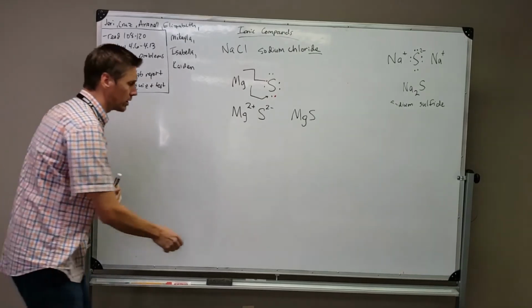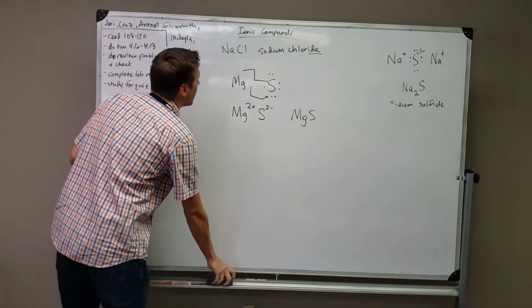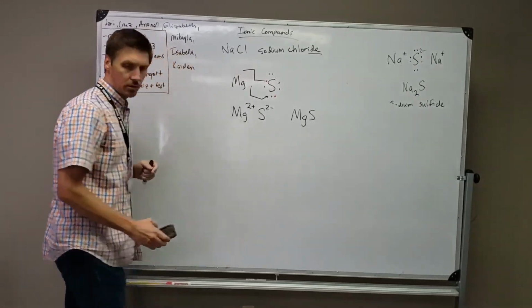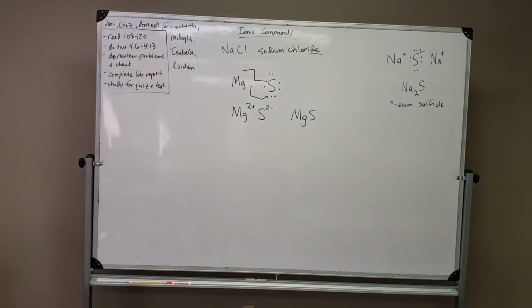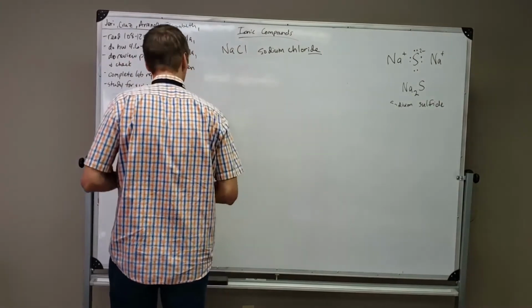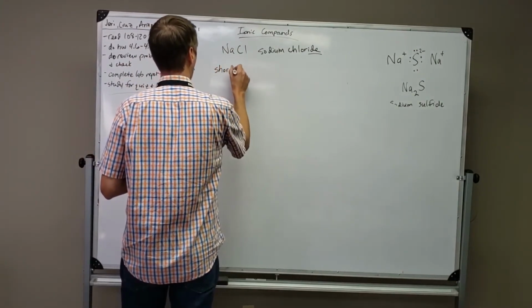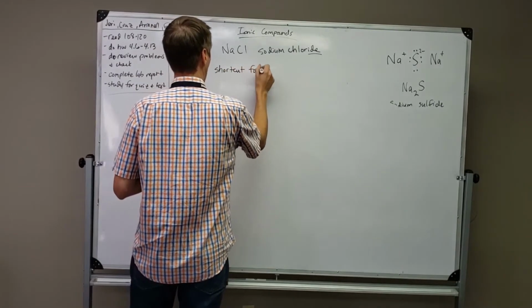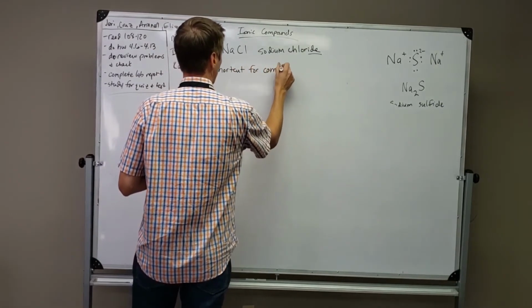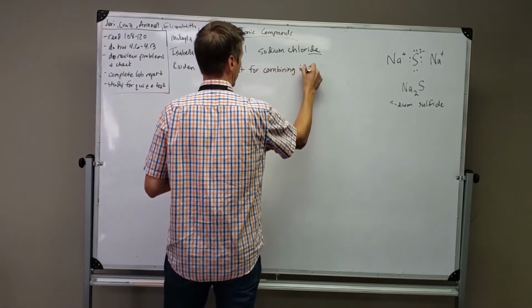Now let's do one that's a little more complicated, and I'm going to give you a couple of rules to do, for example, magnesium and phosphorus. Okay? So shortcut for combining ions.